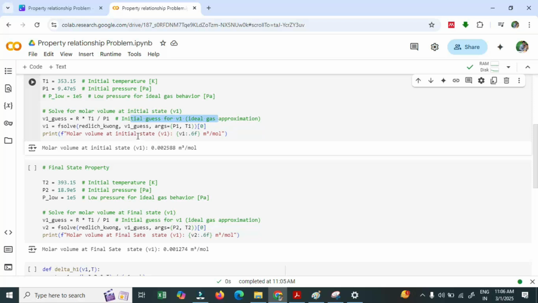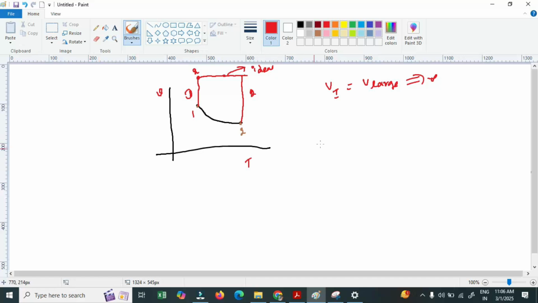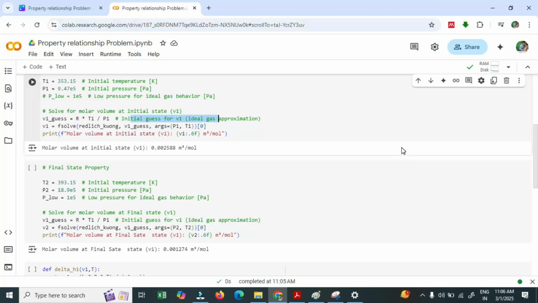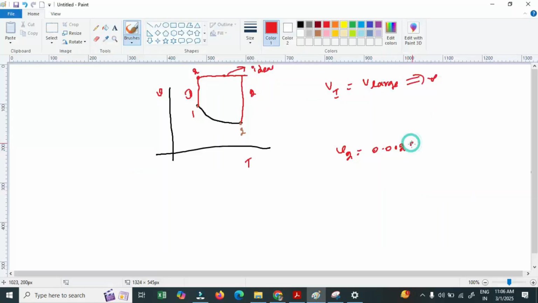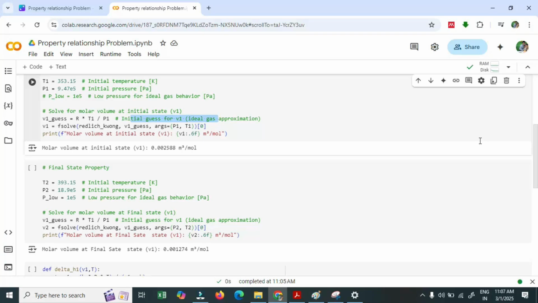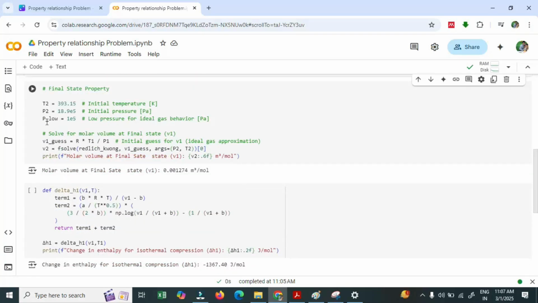I'll be defining P2 here. So my volume for state 2, V2, is 1274.